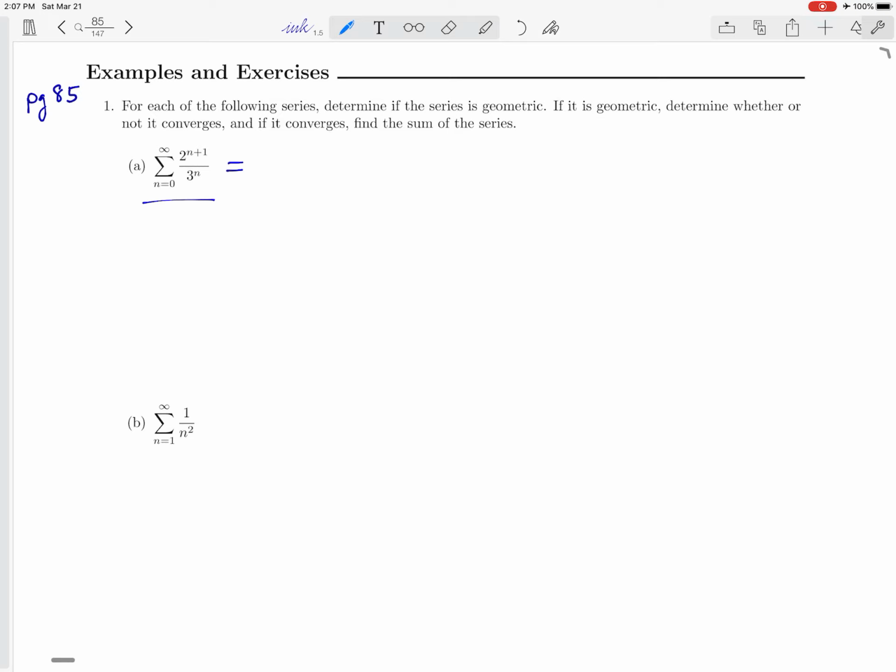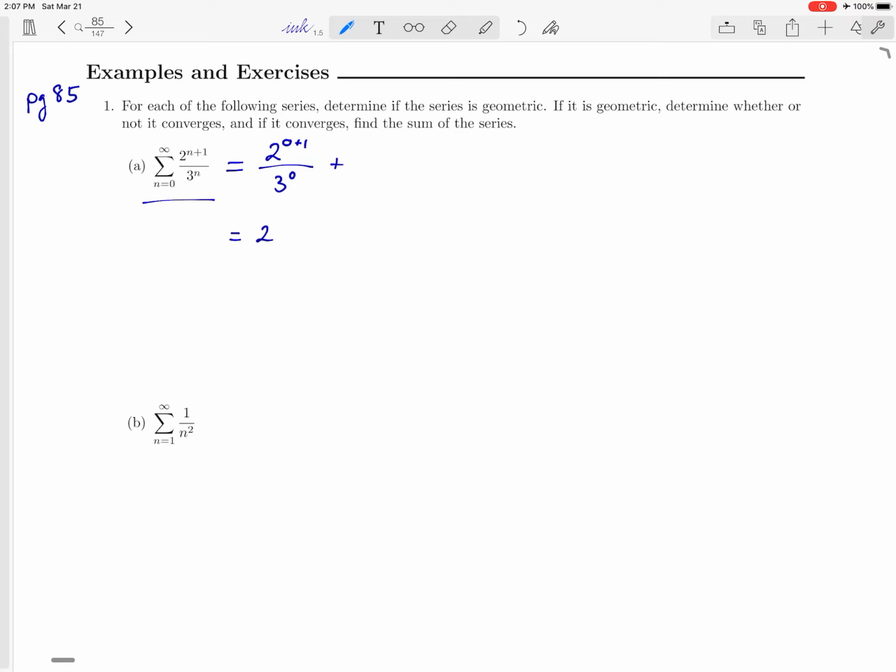So when n is equal to 0, I have 2 to the 0 plus 1 divided by 3 to the 0. And you can see that that is 2 to the 1, that is 2. I'm going to write down both of those lines, so that we can see the details and then also see the value simplified. So this is what happens when n is equal to 0.